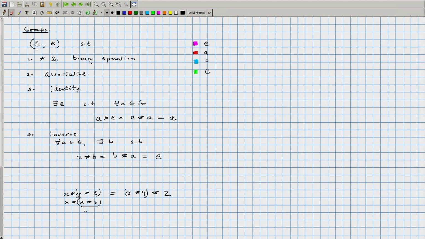If all of them are distinct, then x, y and z, when they are all distinct, y, z will combine to give x, and the entire product is going to be E, and the right hand side is similar, x star y is going to be z, and z star z is going to be E. So, when all of them are the same, all of them are different, those cases are taken care of.